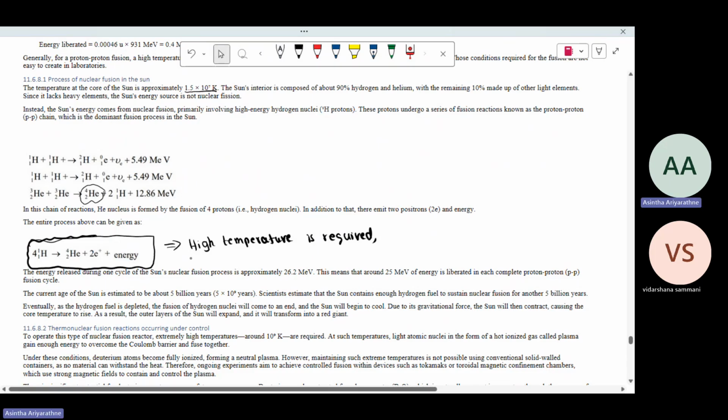Therefore, it is not commonly being used, due to the high temperature.